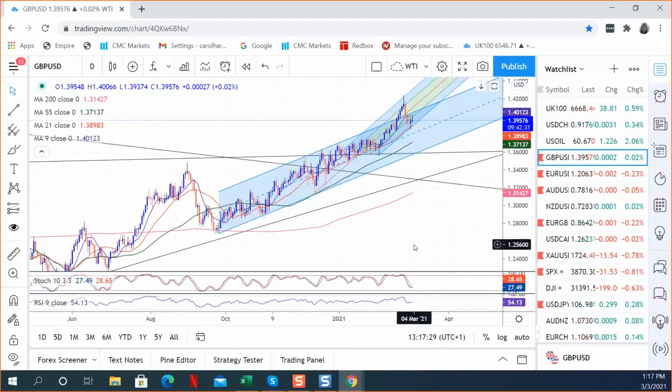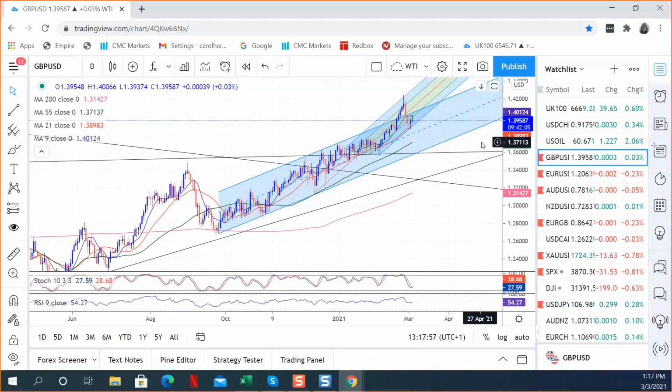Good. Right, back to cable. So, up we've gone, but look, we've been held by that 9-day moving average, coming in at 140.12. Our high, 140.06. You've got to understand how these markets work. So if you have a resistance level, go 10 pips under.